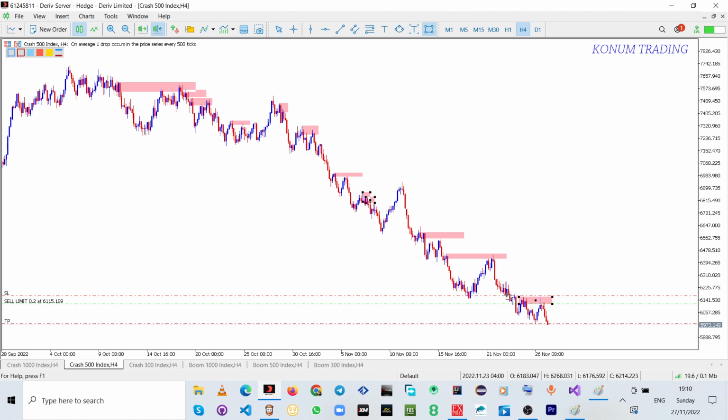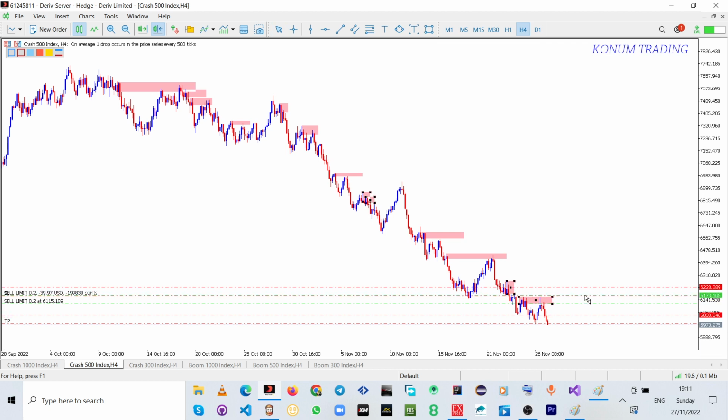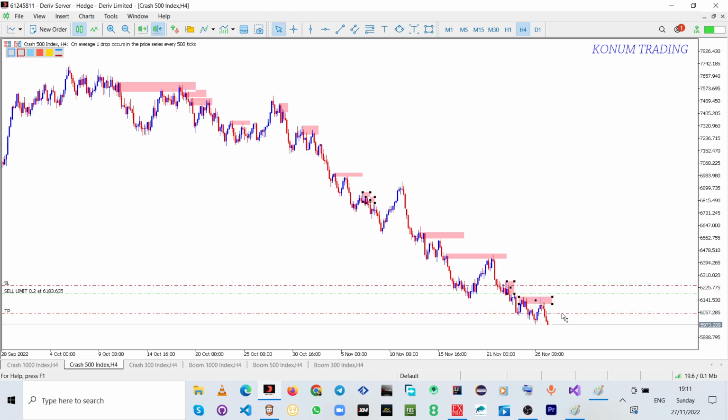So there are some other zones right here. There's this zone right here. Let me zoom it, and your parameters will be like this. For this one, you'll be risking $18.